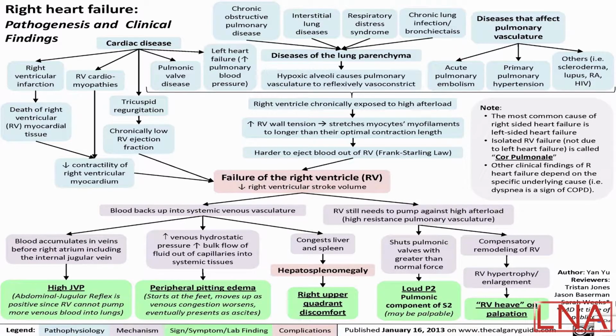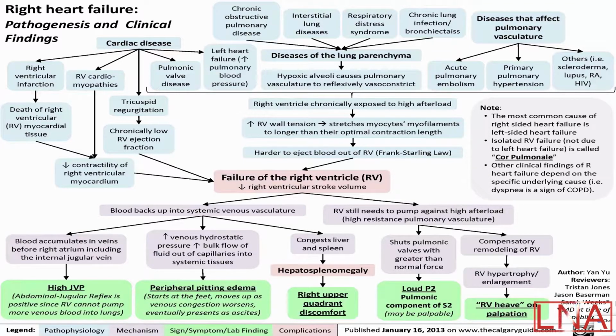Look, the most common cause of right side heart failure is left side heart failure. In all regions, the most common and most important cause is left side heart failure. After that, in the case of decompensation, the patient develops both sides of heart failure.